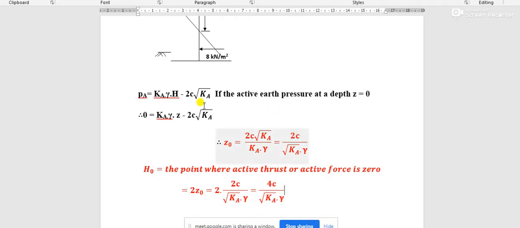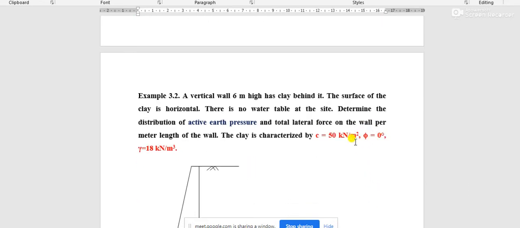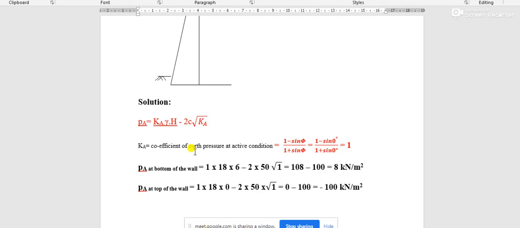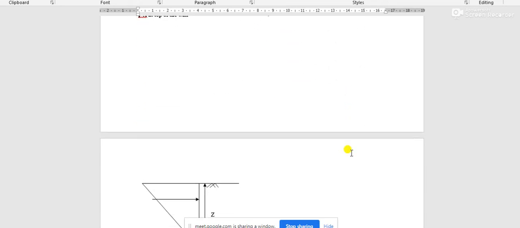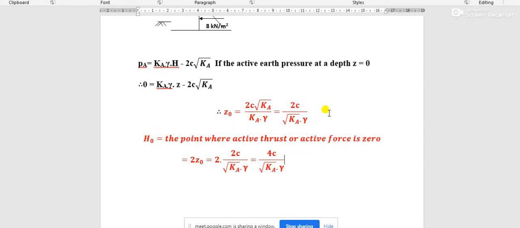And these two equations, if we consider that type of soil where the value of phi is equal to 0, that means in this problem where the phi value is 0, then Ka is equal to 1, and for that type of soil, which is pure clay or pure cohesive soil, Z0 is equal to 2C by gamma and H0 is equal to 4C by gamma.